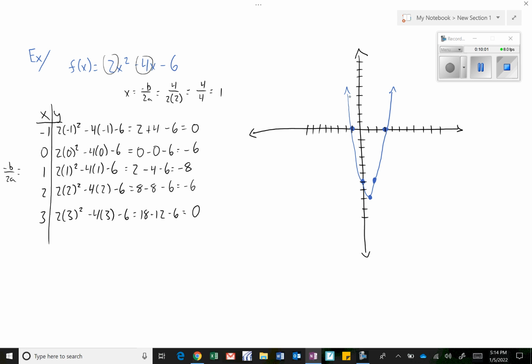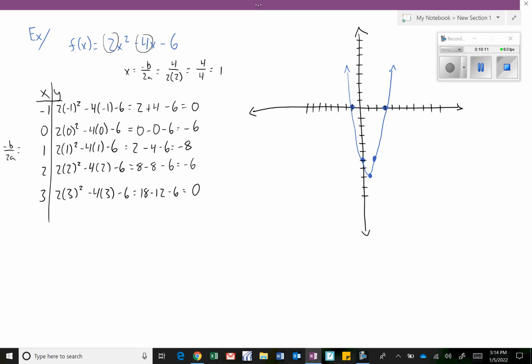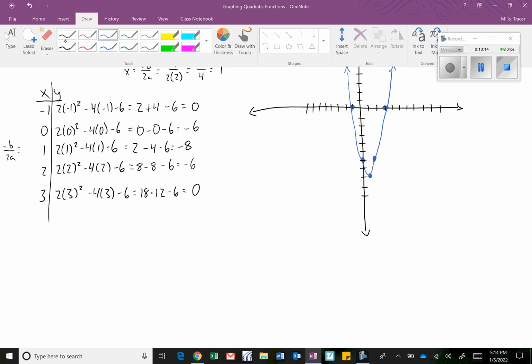I told you that we'll go a little bit more in depth here and we can spot some details about the quadratic. So this quadratic in particular, you can see that both of the arrows go up.